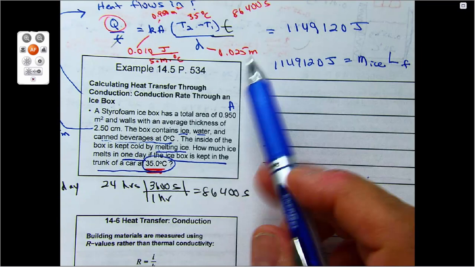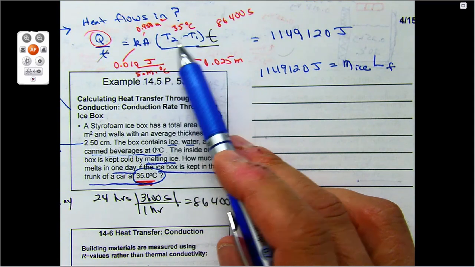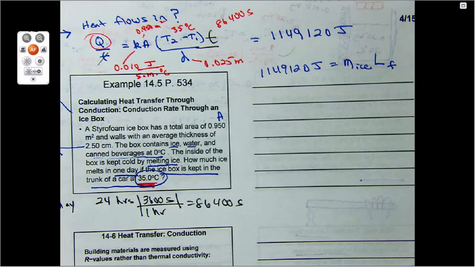This temperature is just the temperature between inside and outside the container. That's the amount of joules that's going to go through there due to the temperature difference in one day.